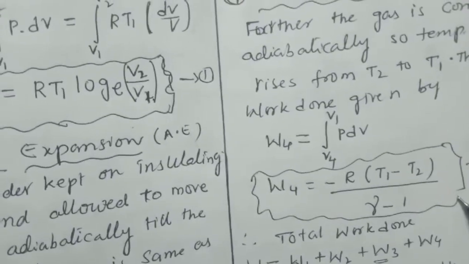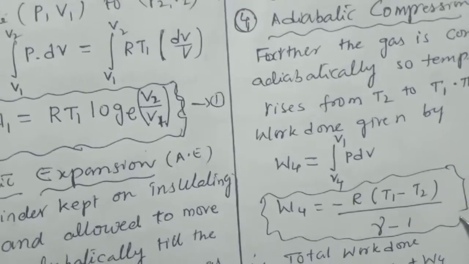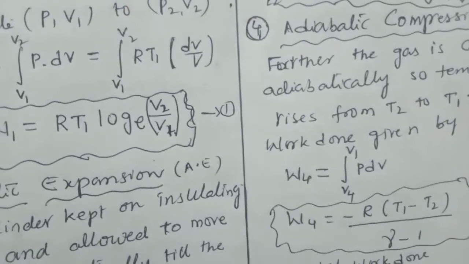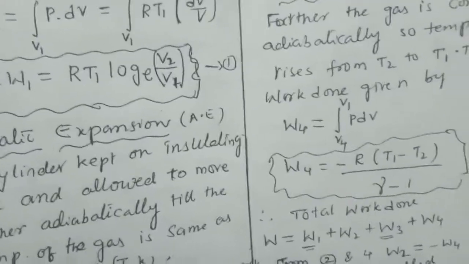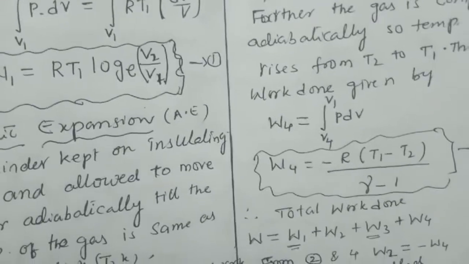See this equation, equation number 2 and equation number 4, both are the same, but one has a negative sign. So W2 and W4 are equal and opposite, so they get cancelled.